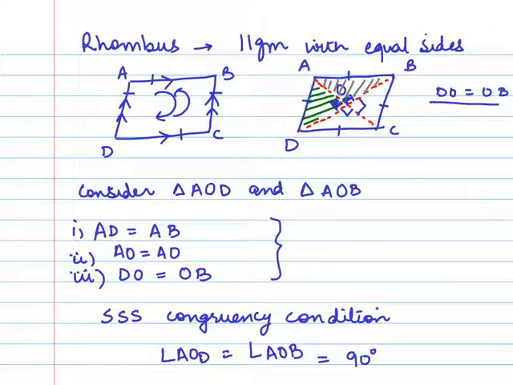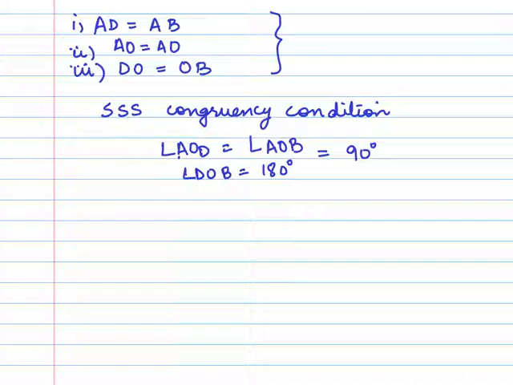Angle AOD and angle AOB both are 90 degrees because they form a linear pair, meaning angle DOB is equal to 180 degrees. Therefore these two angles have to be 90. So we have proved that the diagonals of a rhombus are perpendicular to each other.